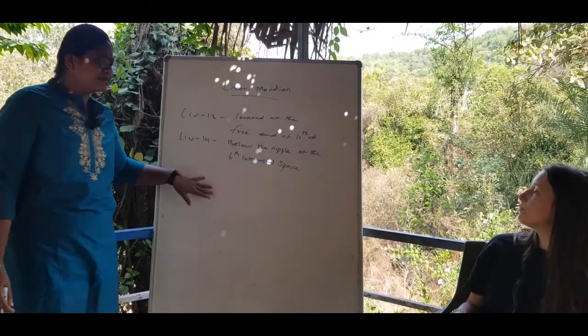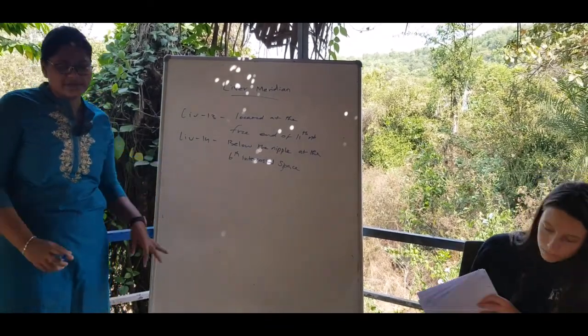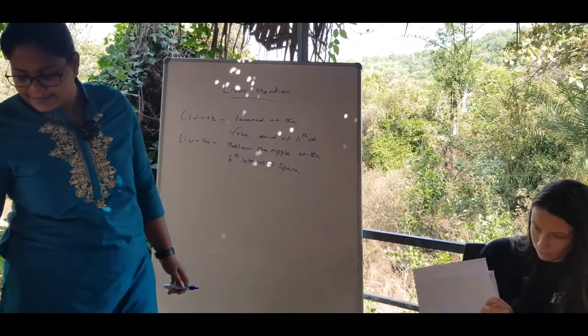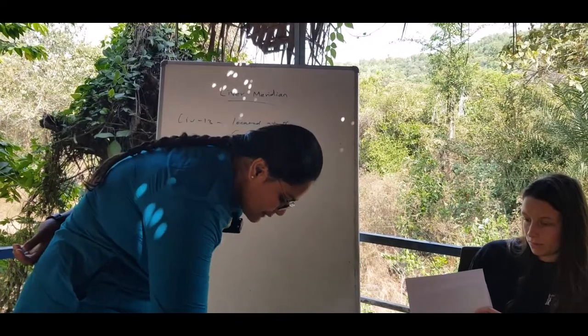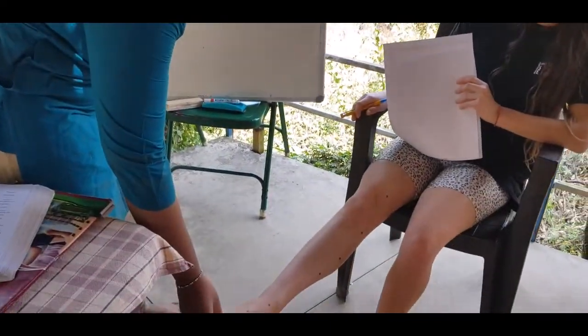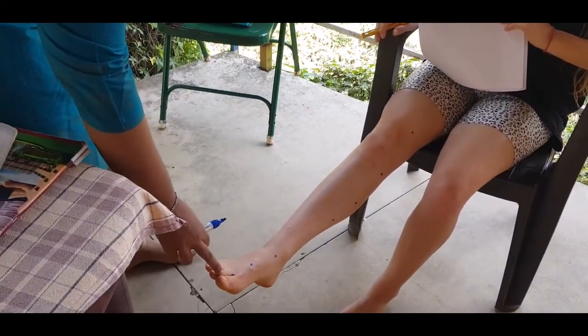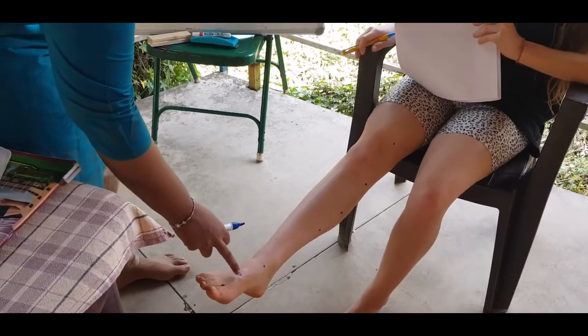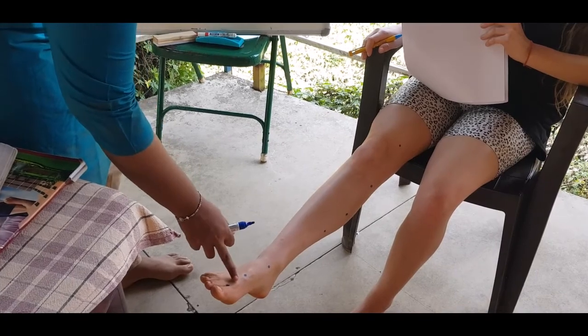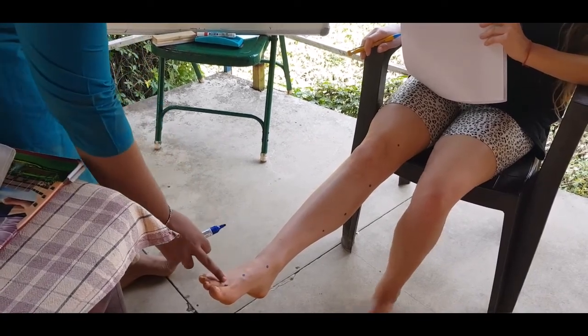Here the liver meridian is completed, and the pathway is: it starts from the lateral corner of your big toe, ascends upward and reaches the web space. Then this point is 3 chun from your web space.